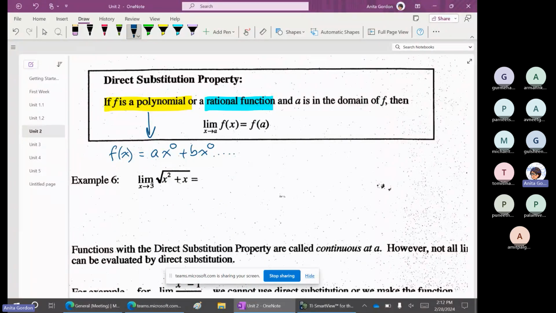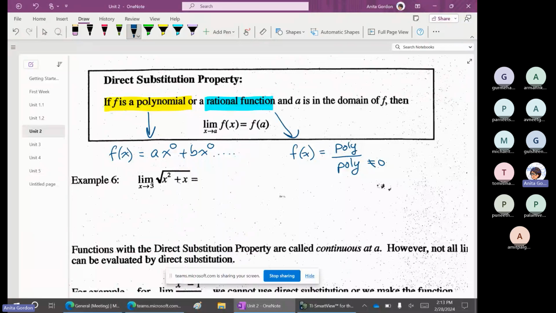So this is a polynomial. What is the definition of a rational function? 1 over x. That is the base of a rational function, yes? Yeah. A polynomial over a polynomial where the denominator is not 0.